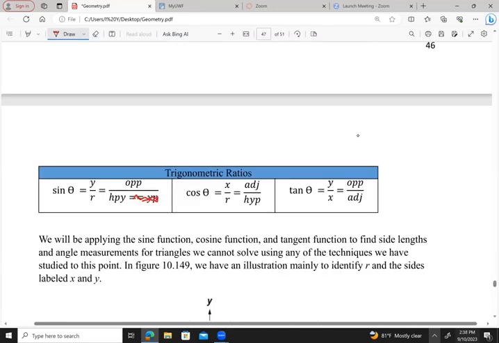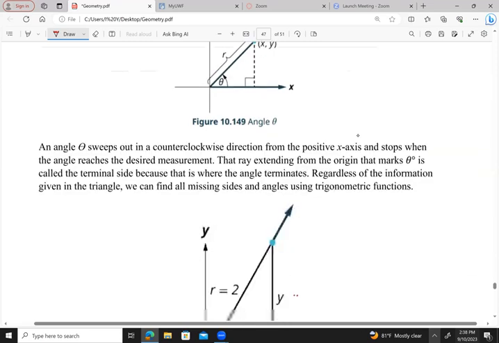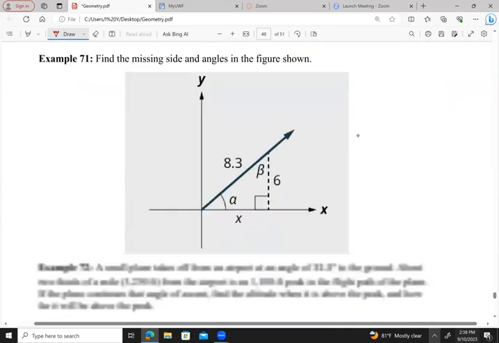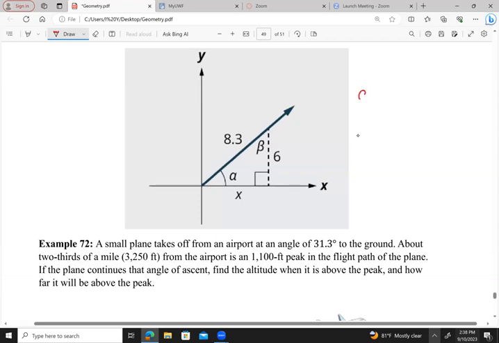Opposite over hypotenuse, that is sine. So we're looking at alpha here. So the sine of alpha is equal to 6 over 8.3.